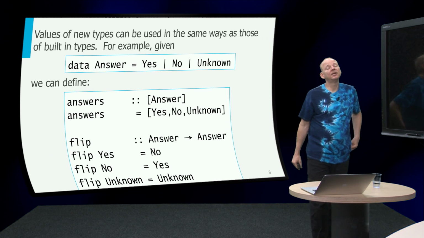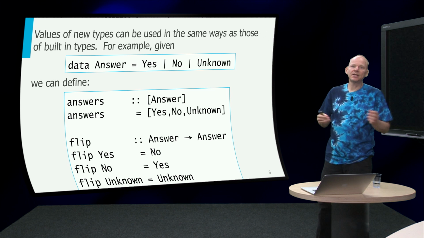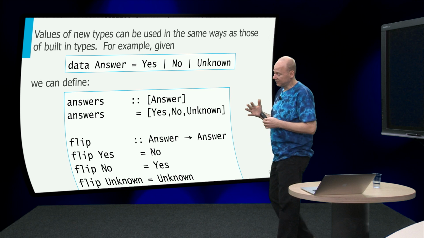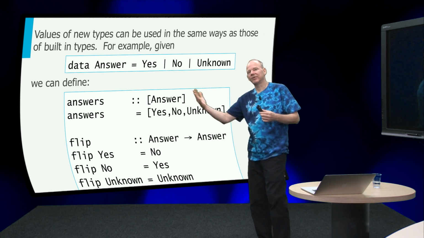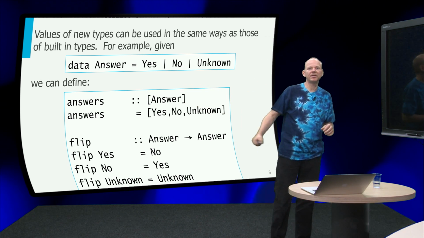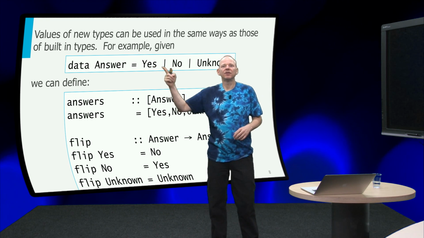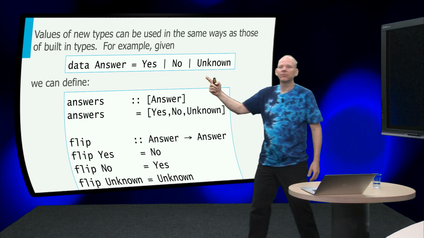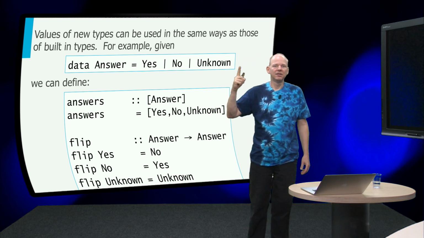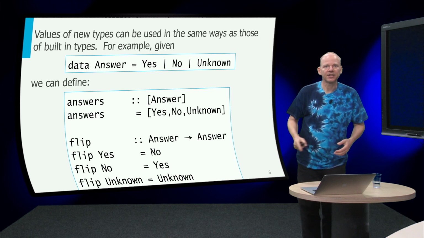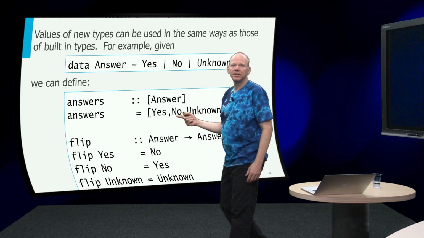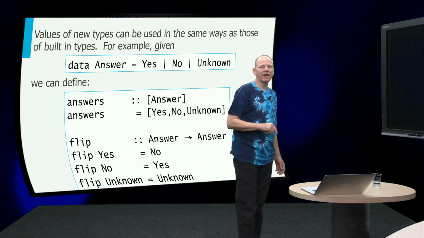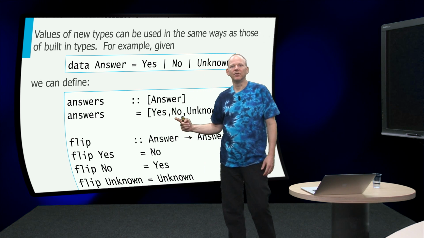Here's an example of a slightly more interesting algebraic data type. It's like a Boolean thing with three values. So we have yes, no, and don't know. So this is maybe like SQL, where this is like null. So this is a three-valued logic. And now we can use this thing to say, I want to have a list of answers: yes, no, unknown.